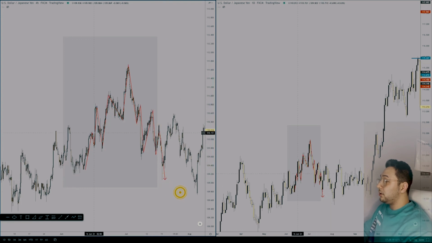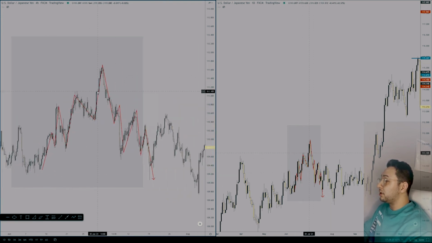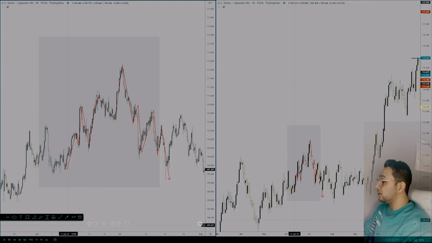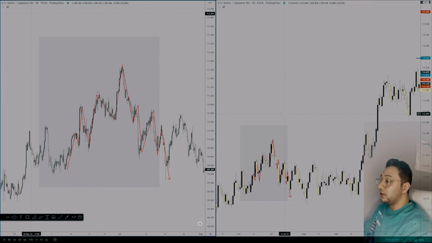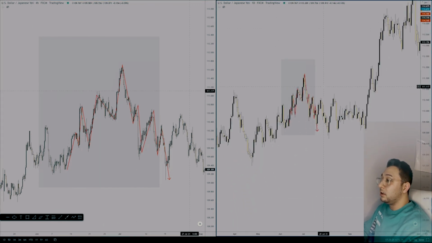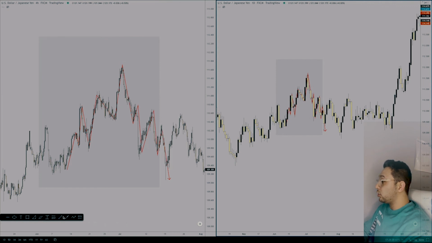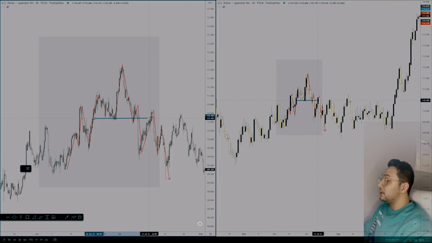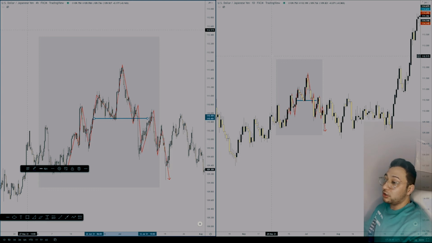So how does one understand what happened here? Well, it's actually very clear. You can see on the higher time frame, support and structure typically go hand in hand. It's the major key levels that are important, where major key levels and structure line up with each other.